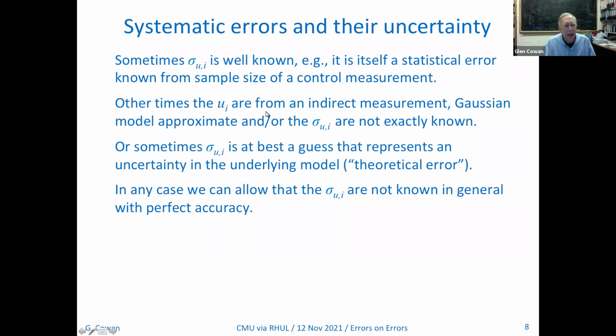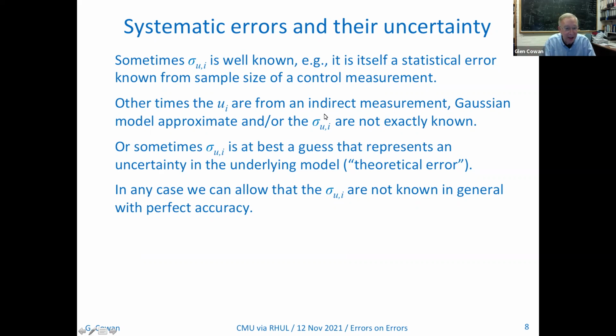But other times, the control measurements, the auxiliary measurements, are from some other measurement, perhaps for which the Gaussian model is only approximate, and it could be that the sigma u's that you want to assign are not directly relatable to some sample size, so their values are not exactly known. And then in the worst case, but which comes up and is very relevant for us, is when you have perhaps a nuisance parameter that appears in a theoretical prediction. And so really what you have is an uncertainty that relates to perhaps some mathematical approximation that has been made in deriving the model prediction.